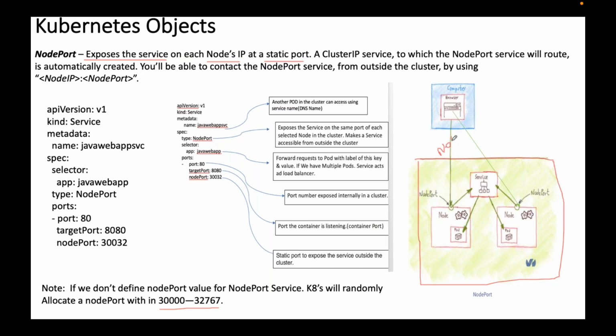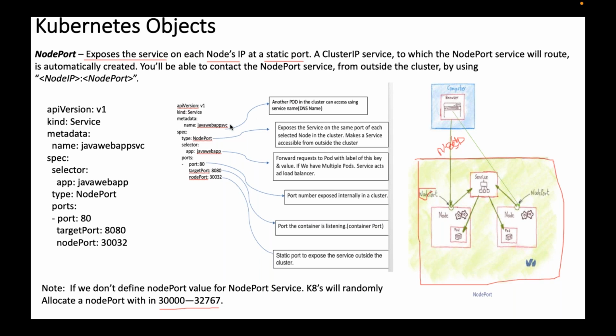Can I use any node, master node or worker node? Using that node IP and the port I got for that service, I can access from the outside. The request goes to that node on that port. What does kube-proxy do? Kube-proxy routes the traffic to the service, the cluster IP, then it routes the traffic to the pods.